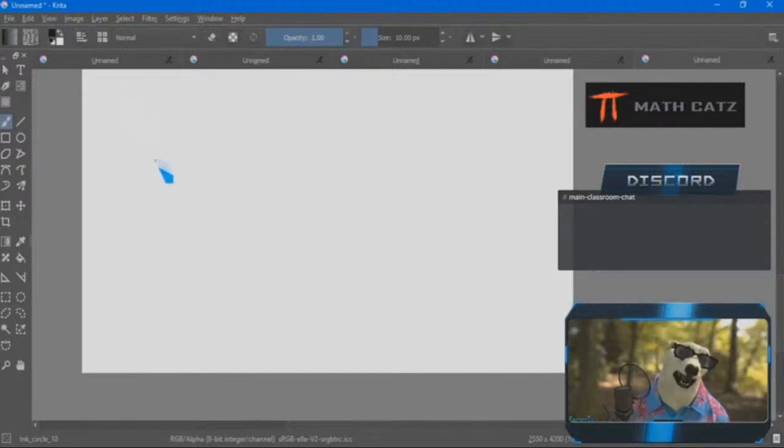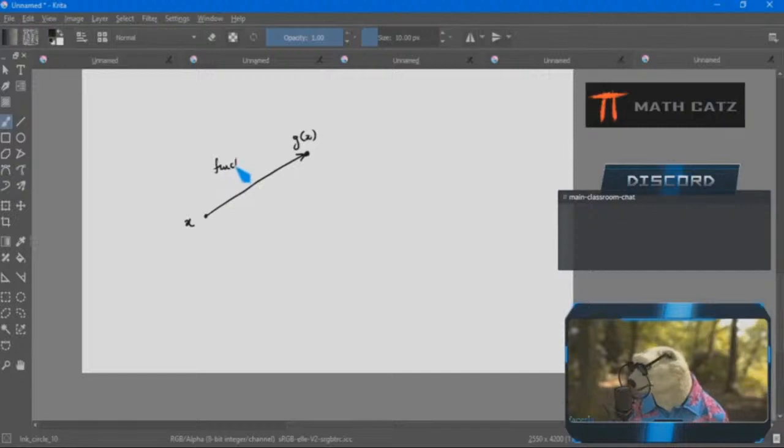So, let's suppose I have an input. Let's call it x. Totally random name for an input, I know. And I'm going to do something to that input. I'm going to apply a function, and I'll call that function g. So I'm applying a function g, and then of course my output will be g of x.